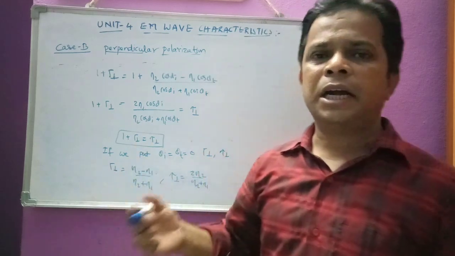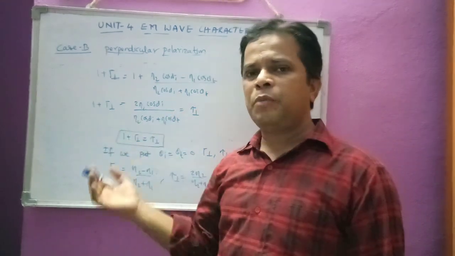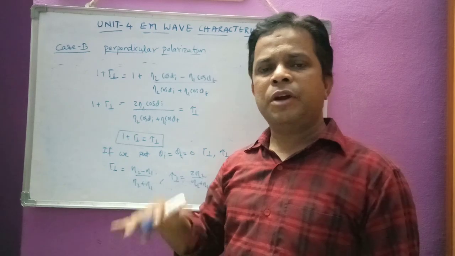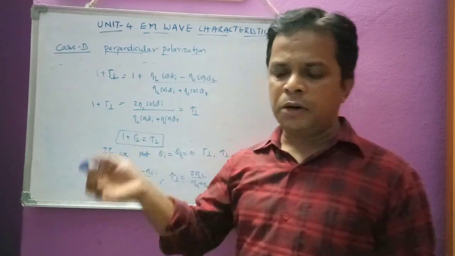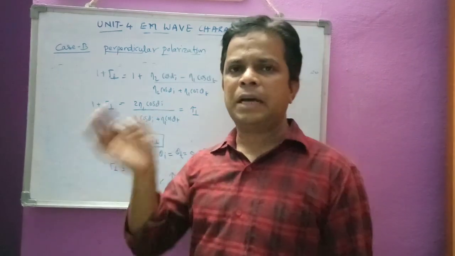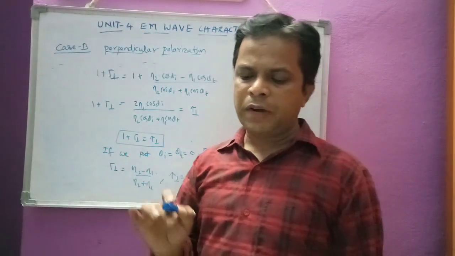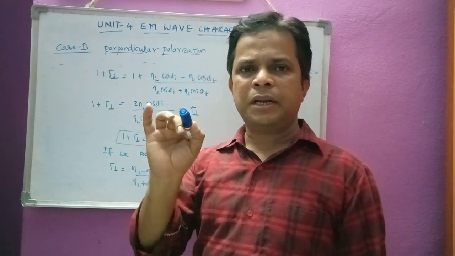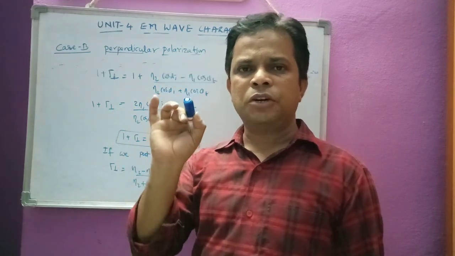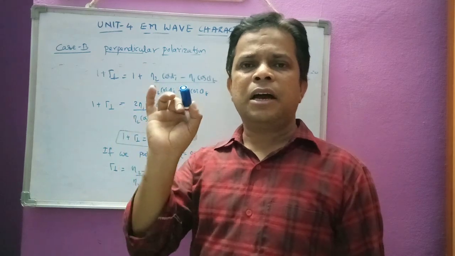As we have derived the Brewster angle for parallel polarization, we will try to derive the Brewster angle for perpendicular polarization also. We have to follow the same procedure we adopted for the parallel polarization. Here I am going to say that gamma perpendicular is equal to 0, that is, the reflection coefficient is equal to 0, that is ER is equal to 0.